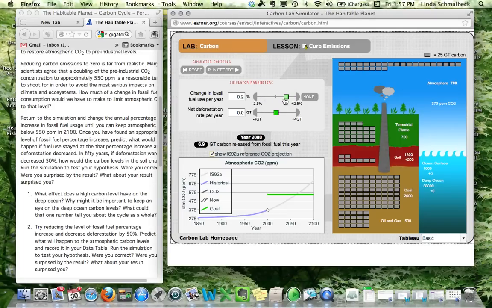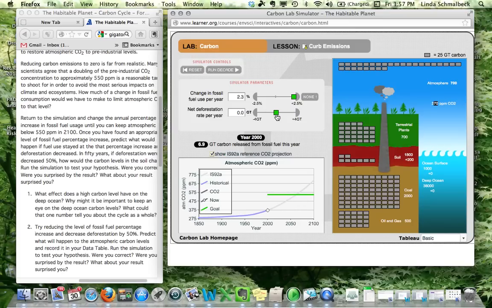So you just move this green button and it will recalculate the usage, and you can see how many parts per million that corresponds to over here, or in the graph as you generate it.